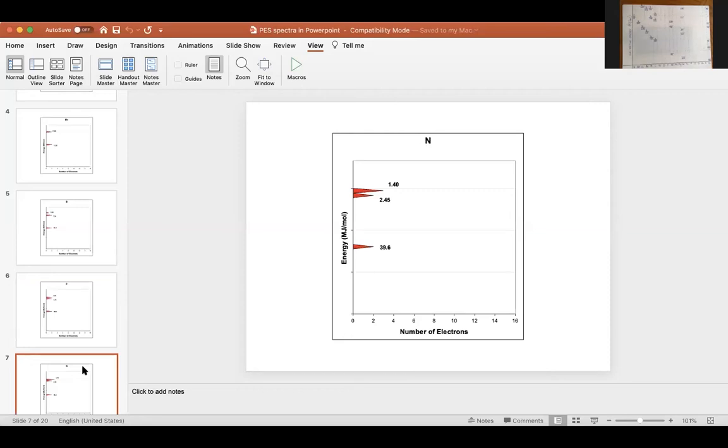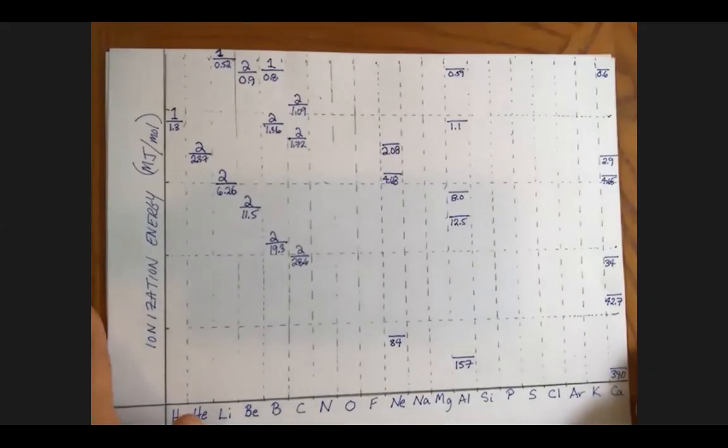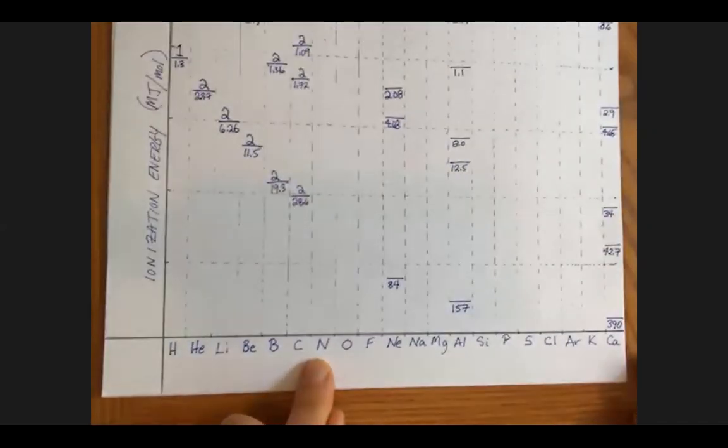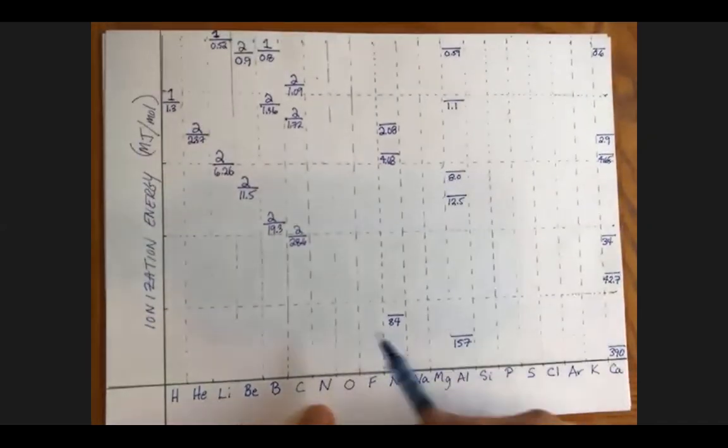Nitrogen has 3 peaks at 1.4, 2.45, and 39.6. Yeah, so 3 peaks. So here's nitrogen, 3 peaks at 1.40.